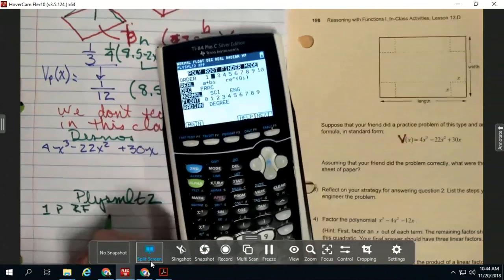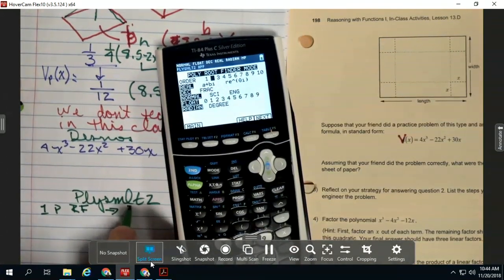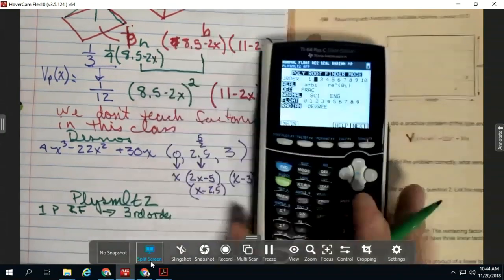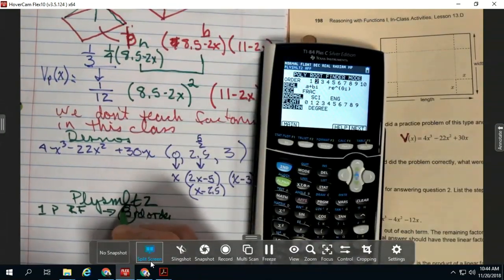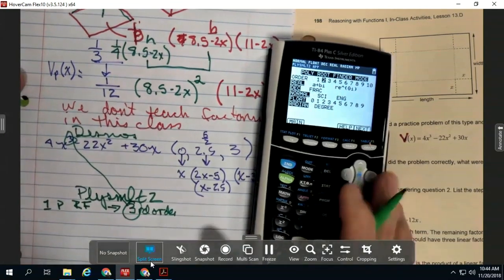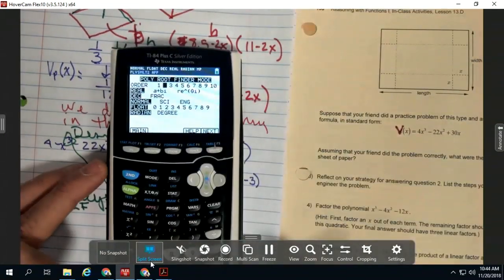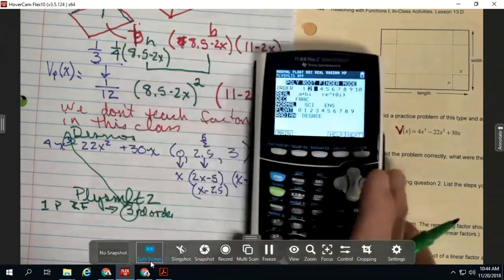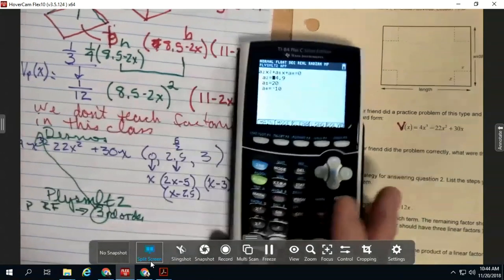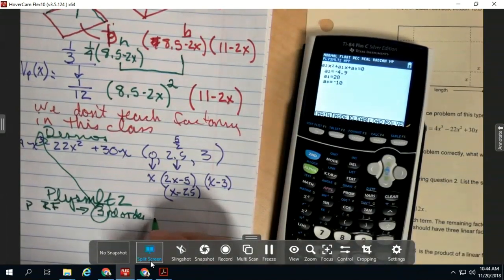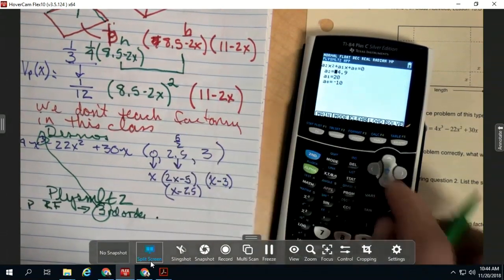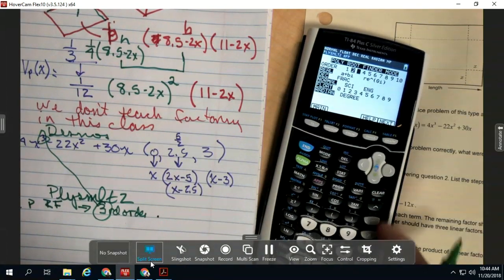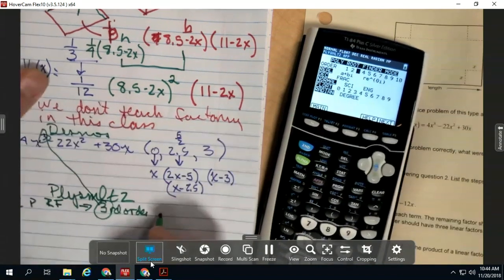Step 2, it's the third order. Why third order? Because this number is 3. So I have to go over 1 to the third order. I made a mistake. Polynomial, enter, I should have pressed. Okay, so third order.